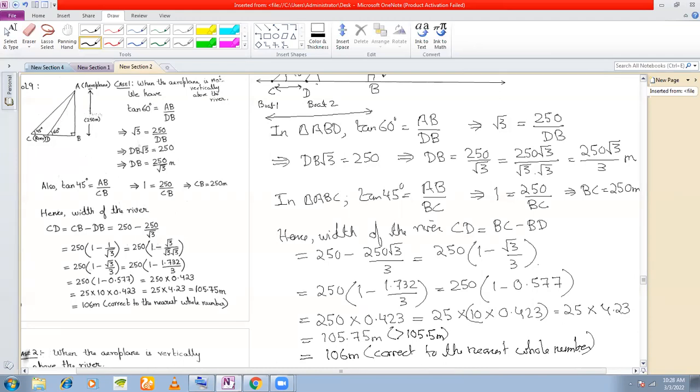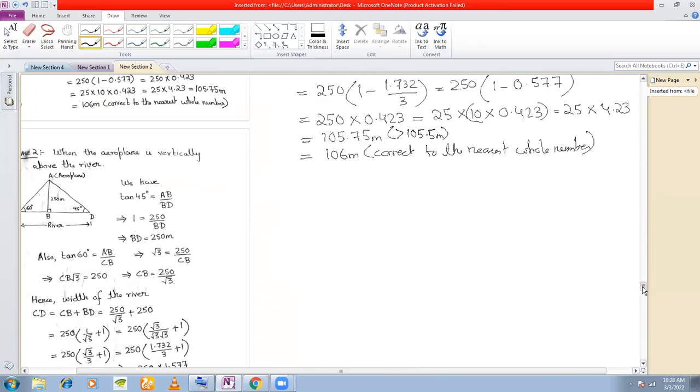Okay. So this is a case where the observer had already crossed the river or is just about to cross the river. Now we can have another case where, if this is your aeroplane, let's say at A, observer, and let's say this is your ground level, and the height of this observer from the ground level is given to you as 250 meters.